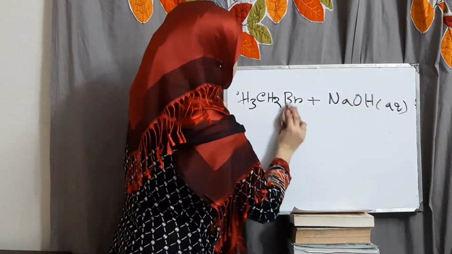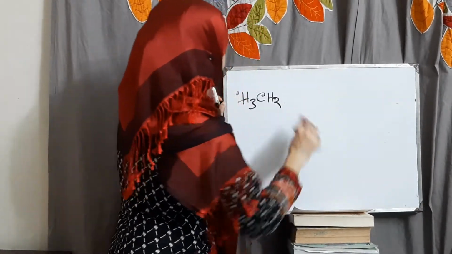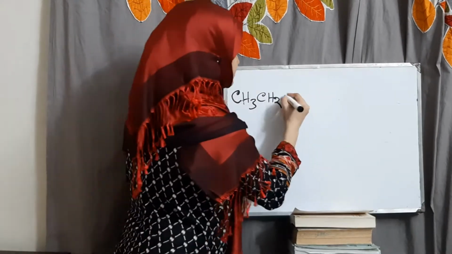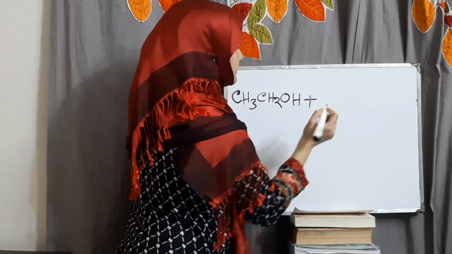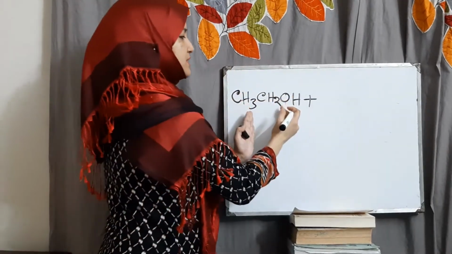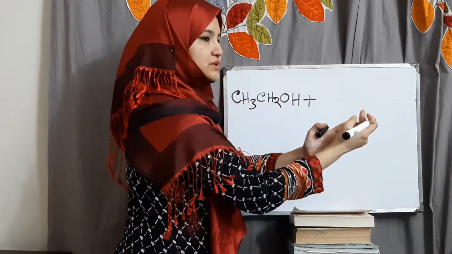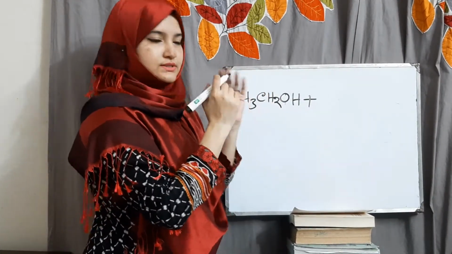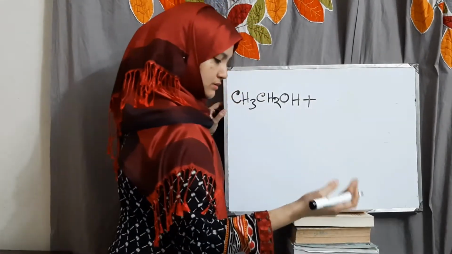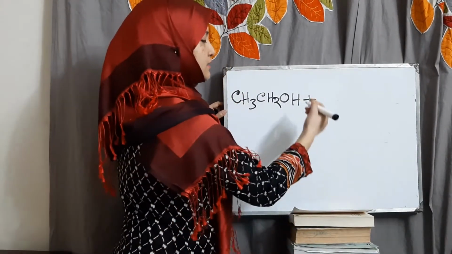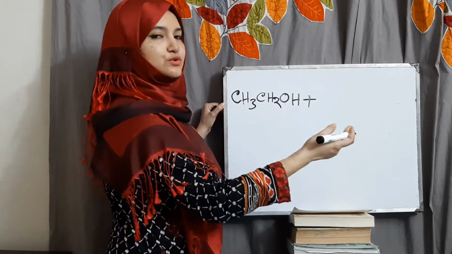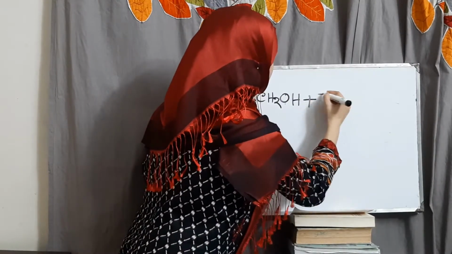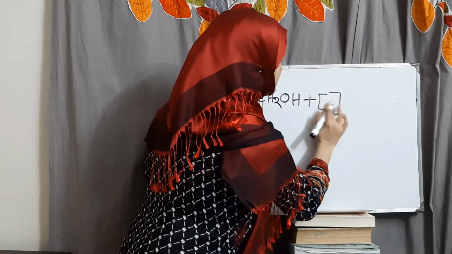Then the third reaction. The third reaction starts with the product of the second reaction, that means ethanol, and from ethanol we have to get aldehyde. That means oxidation occurs, using the strong oxidizing agent potassium dichromate and dilute sulfuric acid, which produces nascent oxygen.